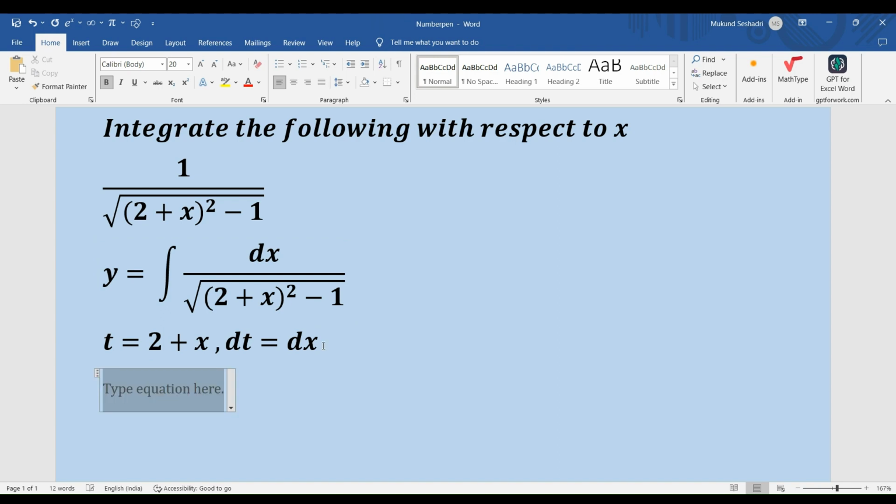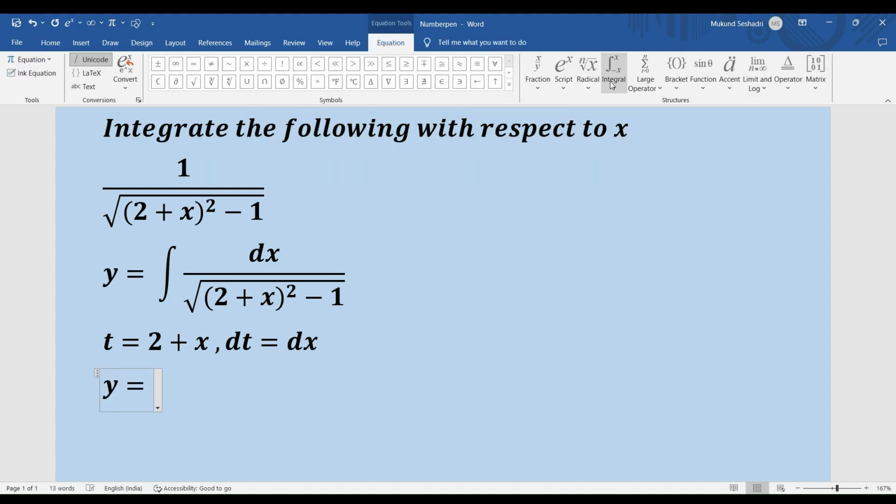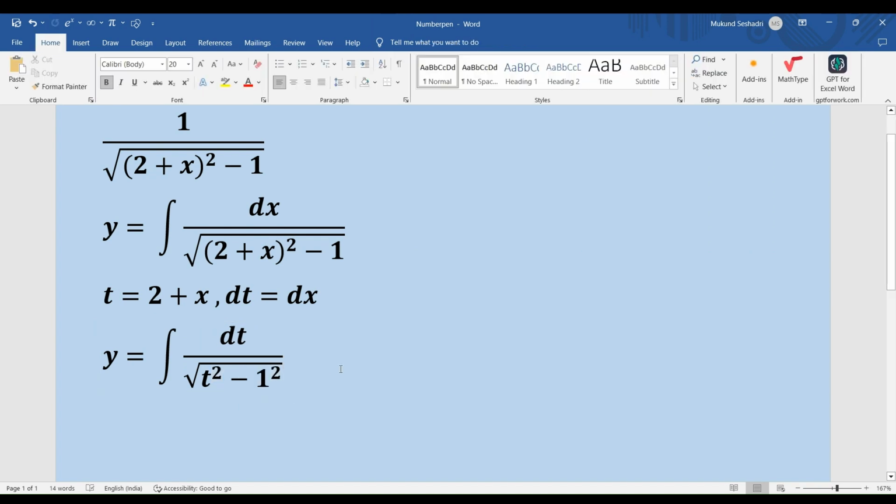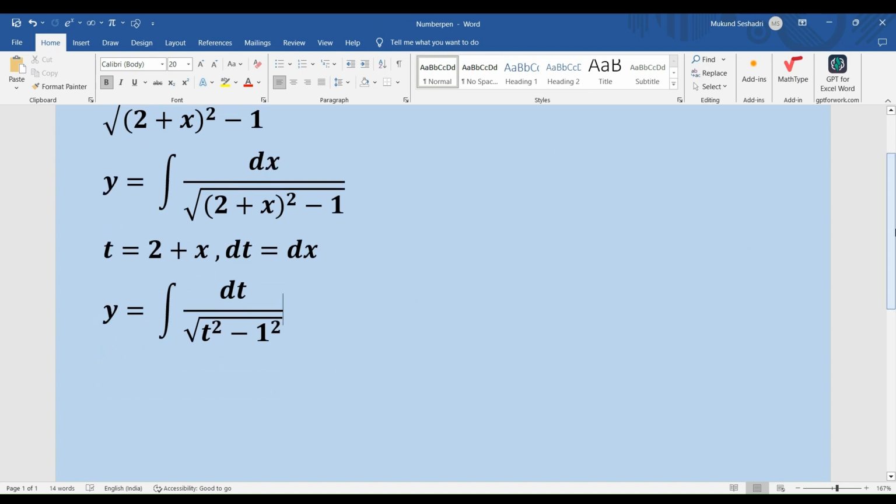Therefore, I should be able to bring it to the format dx by square root of x square minus a square, just that in place of x, we have a t now. So my numerator becomes dt, and my denominator becomes a square root of, in place of 2 plus x, I have a t right now, so let me call that t square, and then the second part is 1 square. So now we have y equals the integral of dt by square root of t square minus 1 square, right?